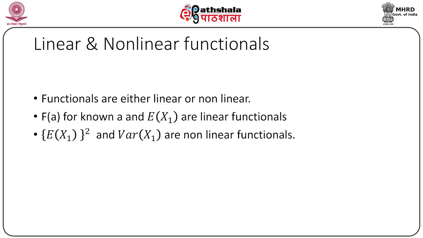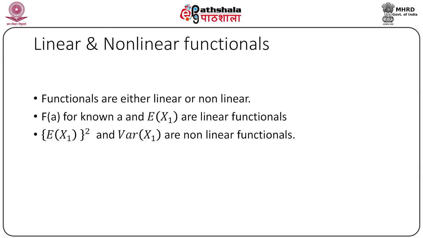For example, in example 2 and example 3, we have discussed expectation of X and expectation of X square. So each of the functionals can be expressed as expectation of psi(X) for some function psi. Naturally, for example 2, psi is x, and for example 3, psi is x square. As another example, in 1, we have considered probability X less than or equal to a with known a.